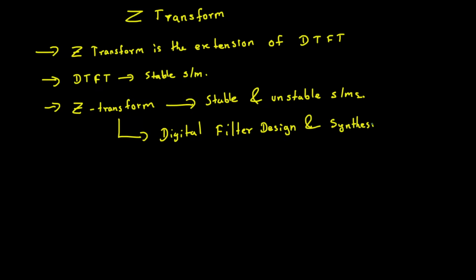Okay. And to calculate the Z transform, what we do is we input a time domain input, and we convert this one into a Z transform. So if you put an input x of n, the output will be x of z.